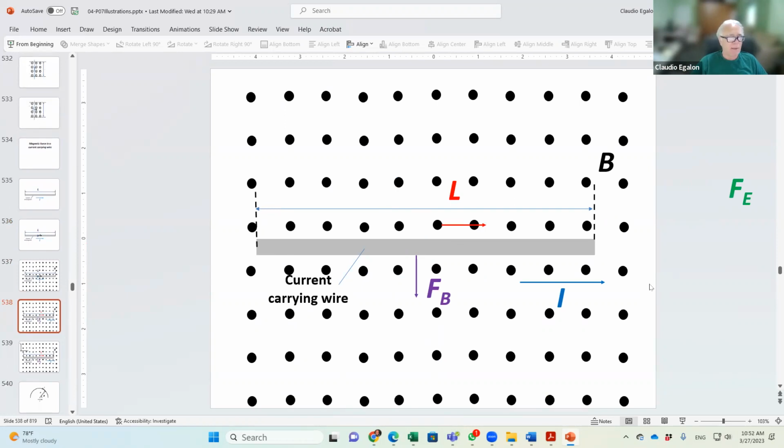Now I eliminate the charge to simplify the drawing. I don't need this guy here. Okay, that's the L. So if you expose a current carrying wire to a magnetic field, you're going to see that this current carrying wire is going to be bent towards this direction.